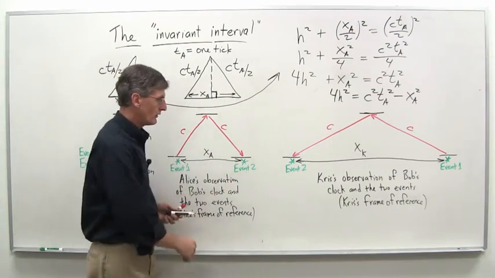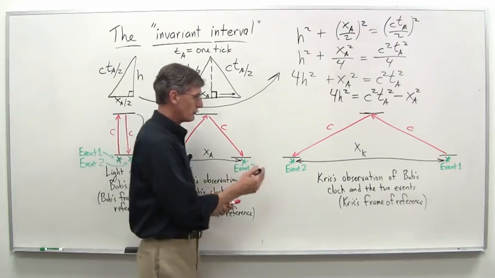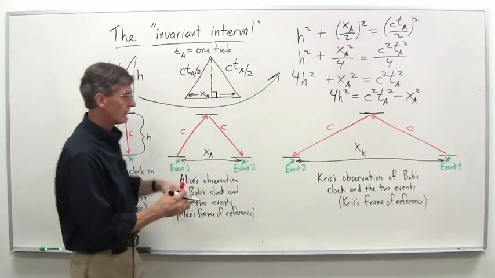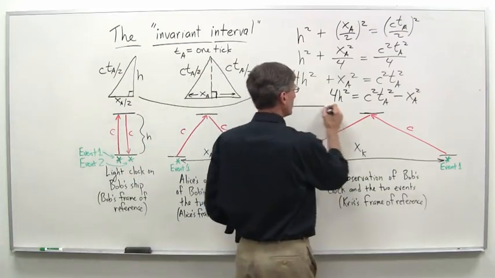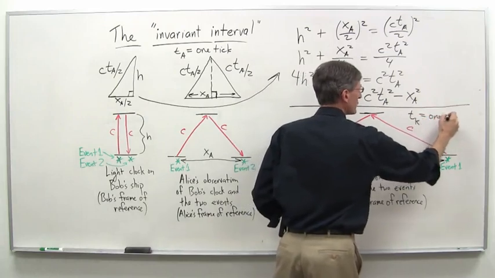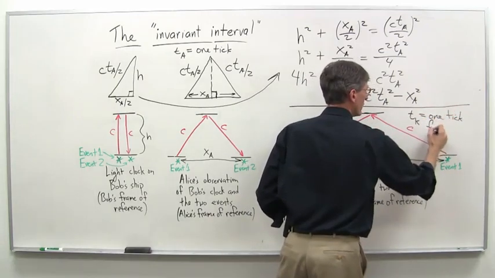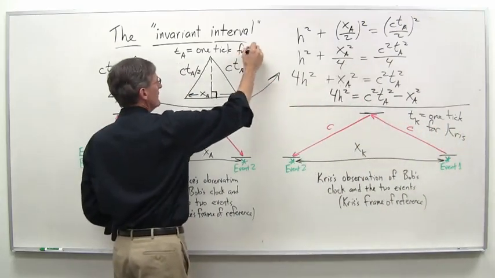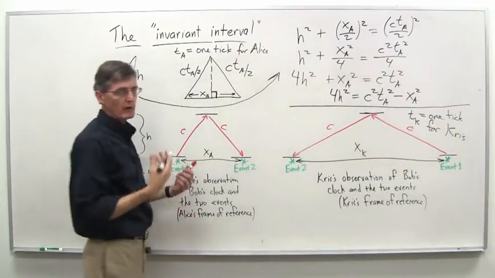We'll just do it on the triangle here. We will assume that T sub a was 1 tick for Alice, so here T sub k equals 1 tick for Chris. Okay, this was for Alice. Again, they're all observing Bob's clock.